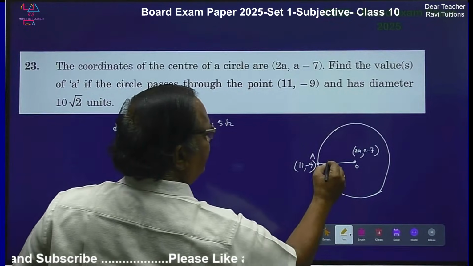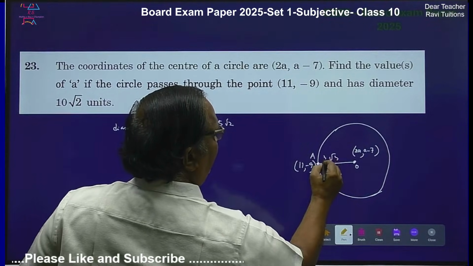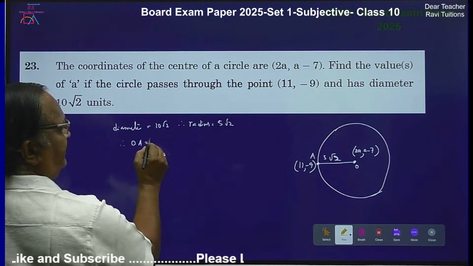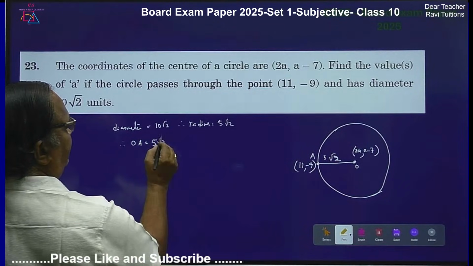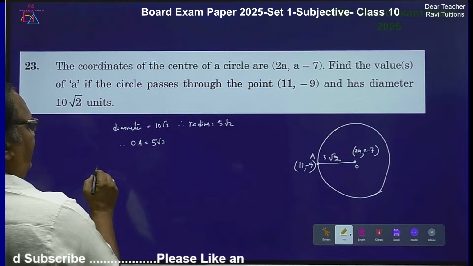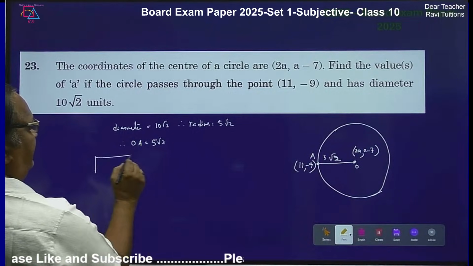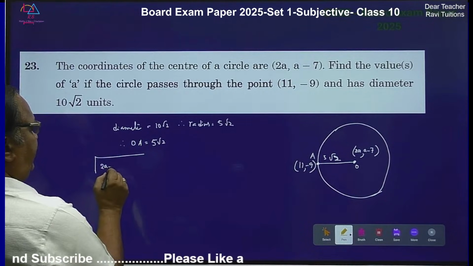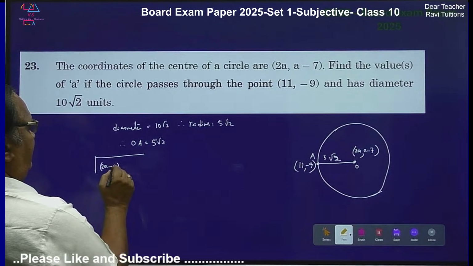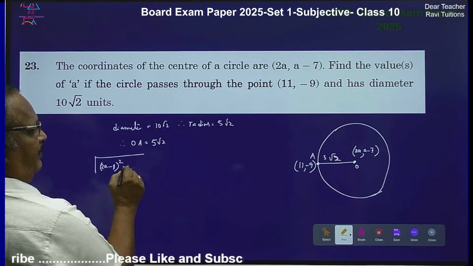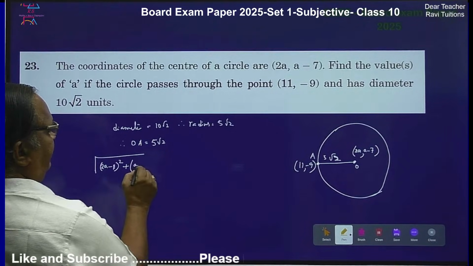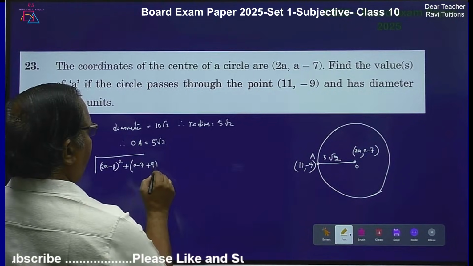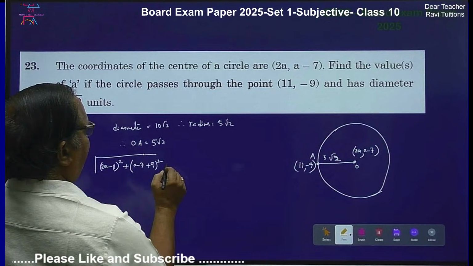So OA is equal to 5 root 2. OA means square root of distance. Distance formula you have to use. So (2a minus 11) whole square plus (a minus 7 minus minus 9, so plus 9) whole square is equal to 5 root 2.